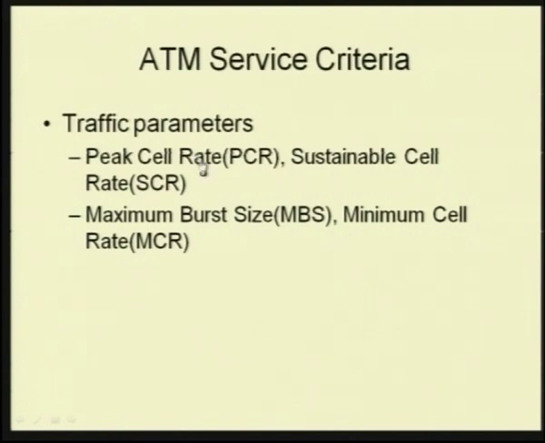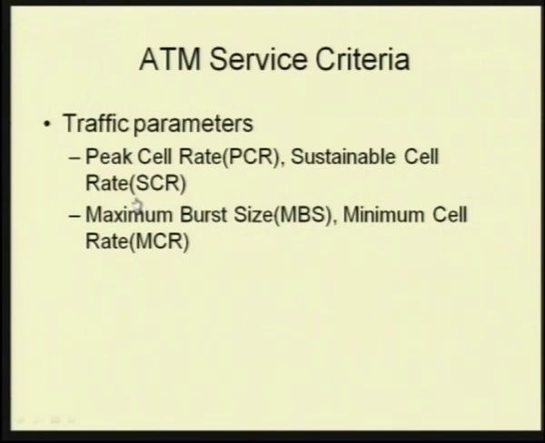If you look at traffic parameters, let us take a look at some of the parameters that are actually used to specify traffic. These are some commonly used terms in ATM. We talk about something called a peak cell rate, then we talk about a sustainable cell rate. Now, there is a difference between these two. Peak cell rate is the highest possible cell rate that you are likely to get.